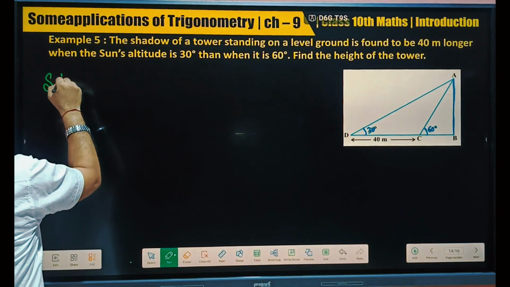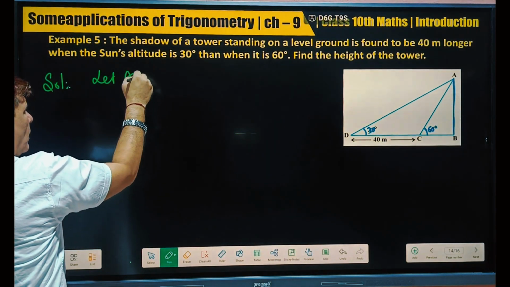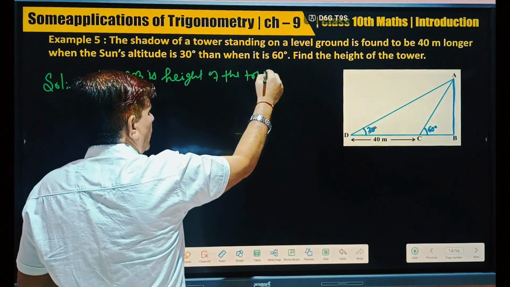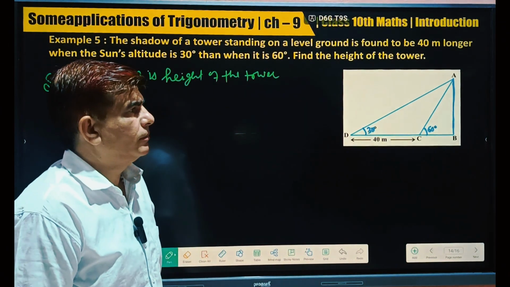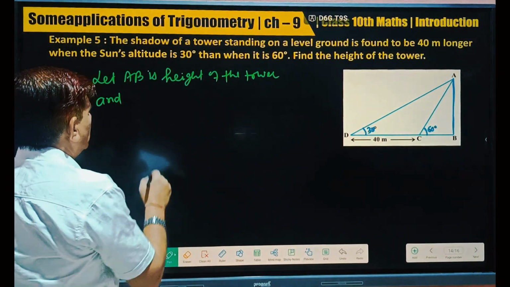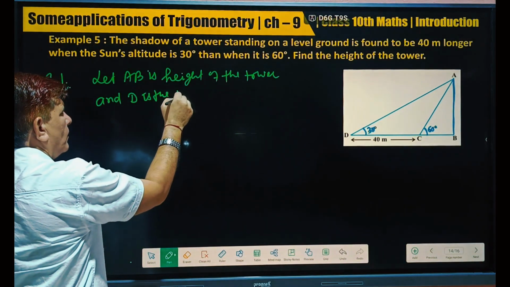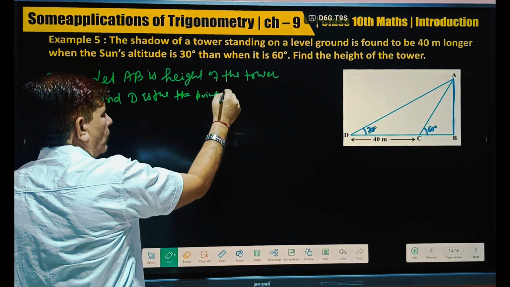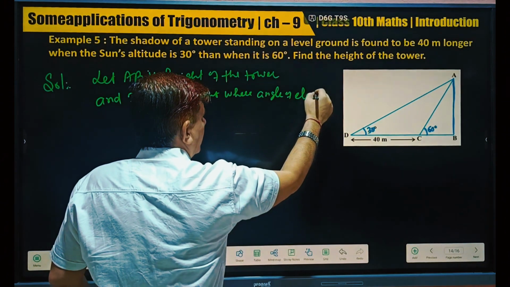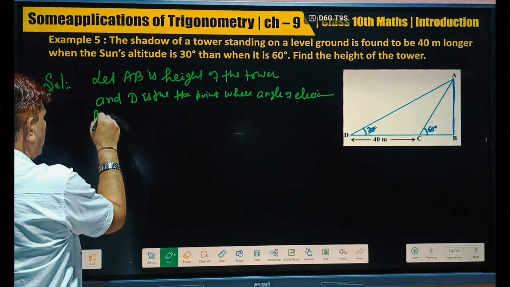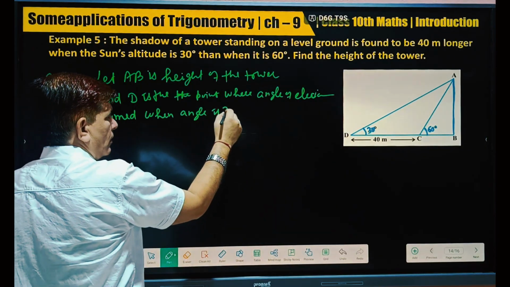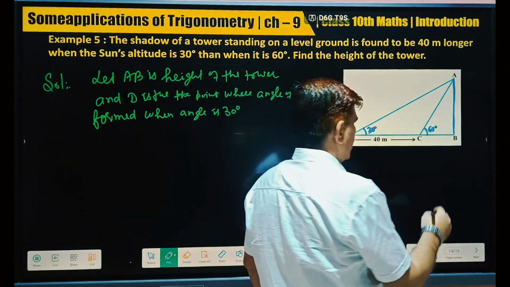Solution: let AB be the height of the tower, and this is the point where the angle of elevation is formed when the angle is 30 degrees.